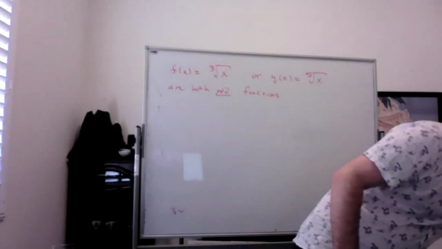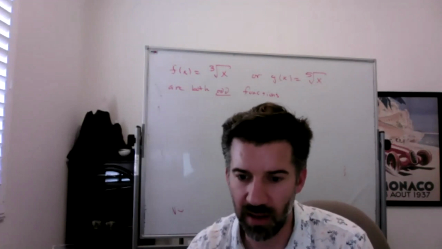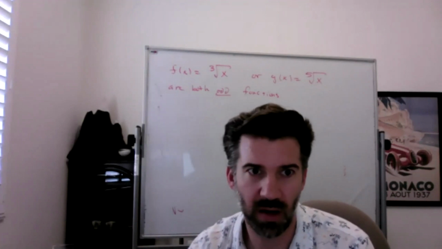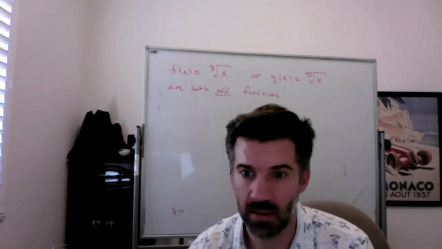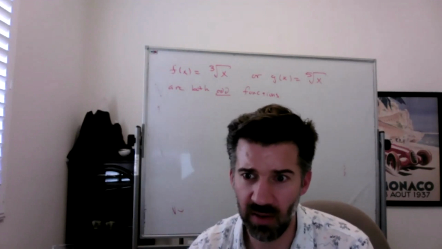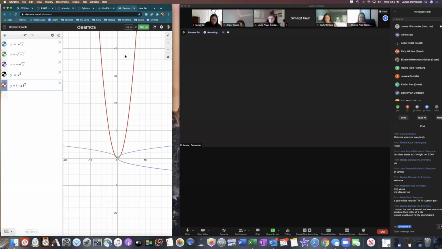And again, as much as I would like to pretend like I'm a great person when it comes to graphing, I'm not. So I will share instead. Why am I so bad at sharing my screen? It shouldn't be that hard. Sure. There we go.